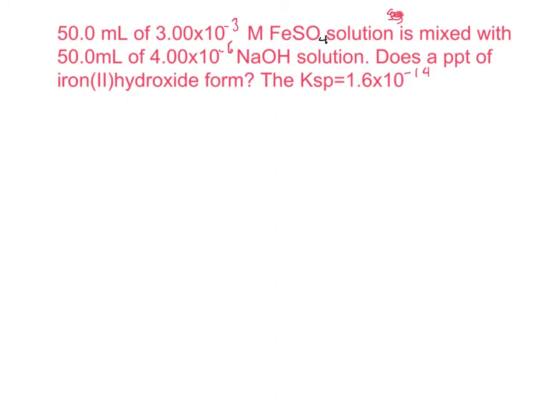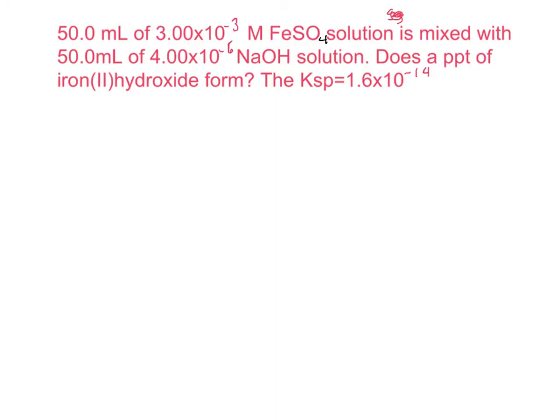Does a precipitate of iron(II) hydroxide form? The Ksp is 1.6 times 10 to the negative 14, and that's the Ksp for iron(II) hydroxide.